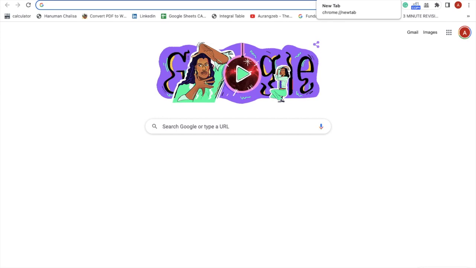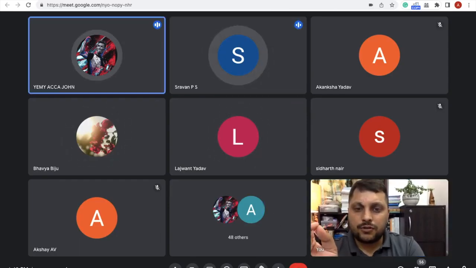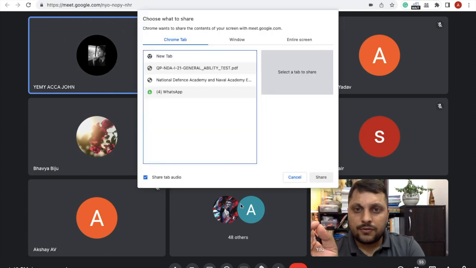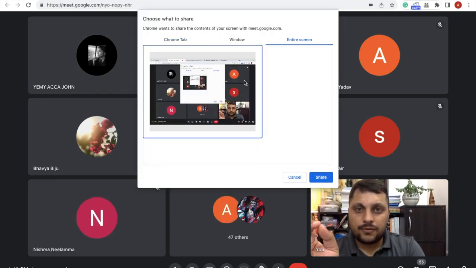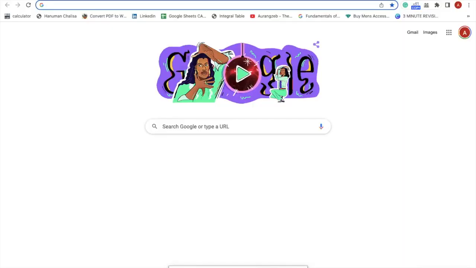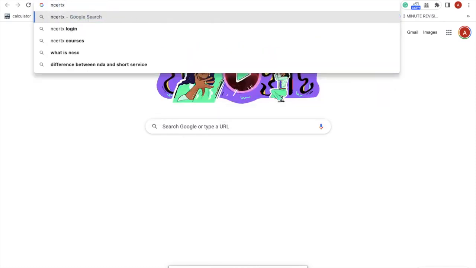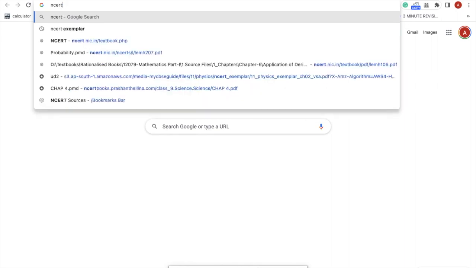Have I shared the screen or not? No, sir. Oh, sorry. Yes, sir, it's visible. NCERT 10 science book.